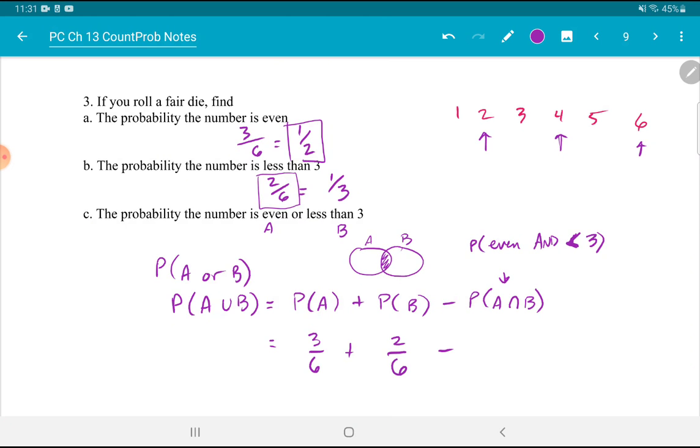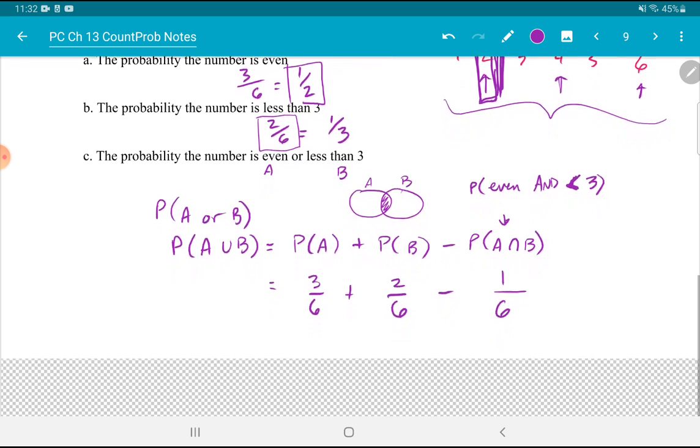And then also we need that number to be less than 3, so here it is. And you have to satisfy both criteria. The only one that satisfies both criteria is this number right here, the 2. And so therefore you only have a 1 in a total of 6 chance of getting a number that's even and less than 3.